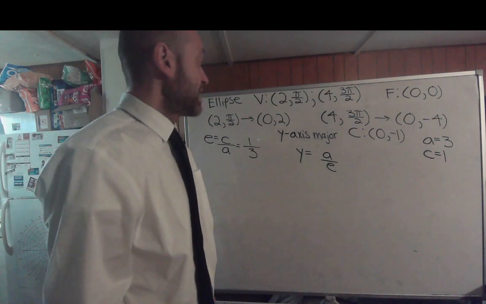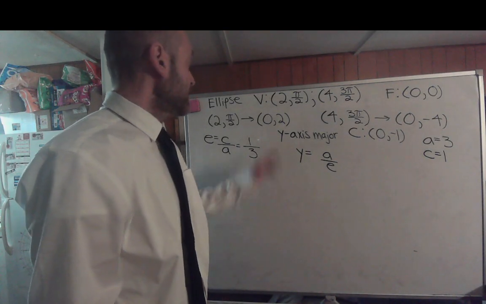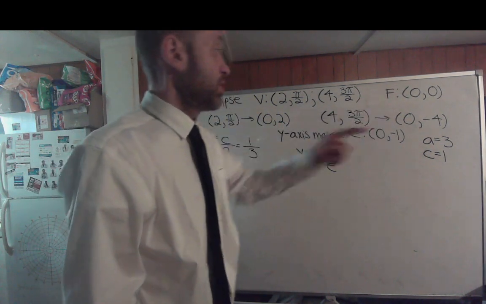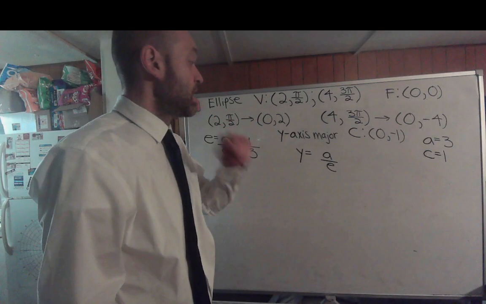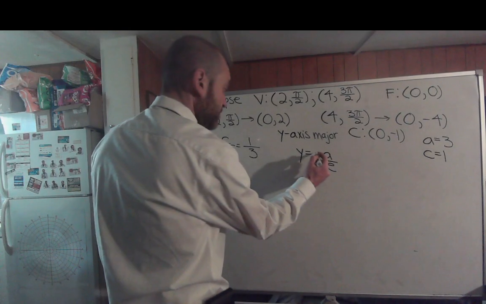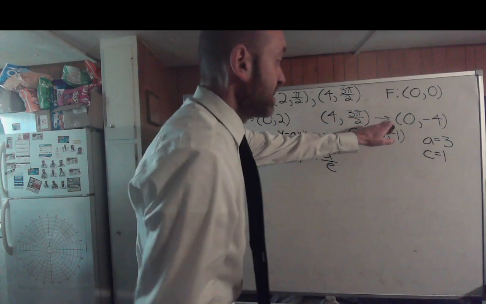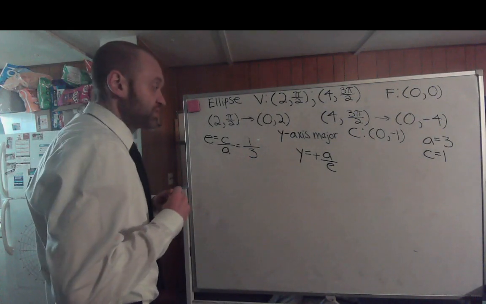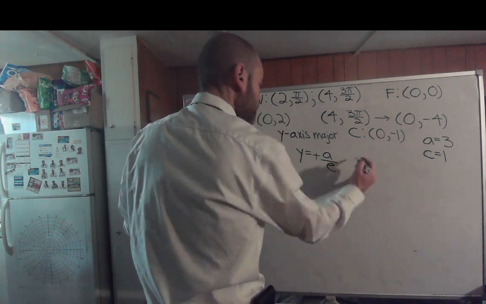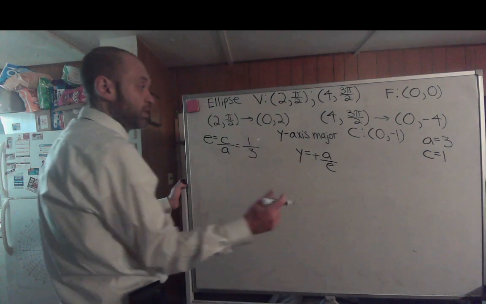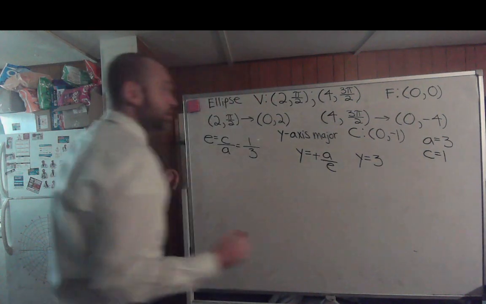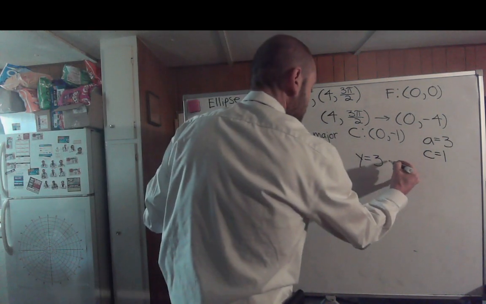If you have a vertex at, pick any vertex, you have (0, 2), you have a focus at (0, 0), that means then your directrix has to be outside, which would end up being plus. We could have gone to the left and got a minus also, but it's really going to shake out the same. I prefer to work with positive if at all possible. So A over E, well, let's see. So y equals positive A over E. That's 3 over 1, or just 3. So we have a directrix through y equals 3.